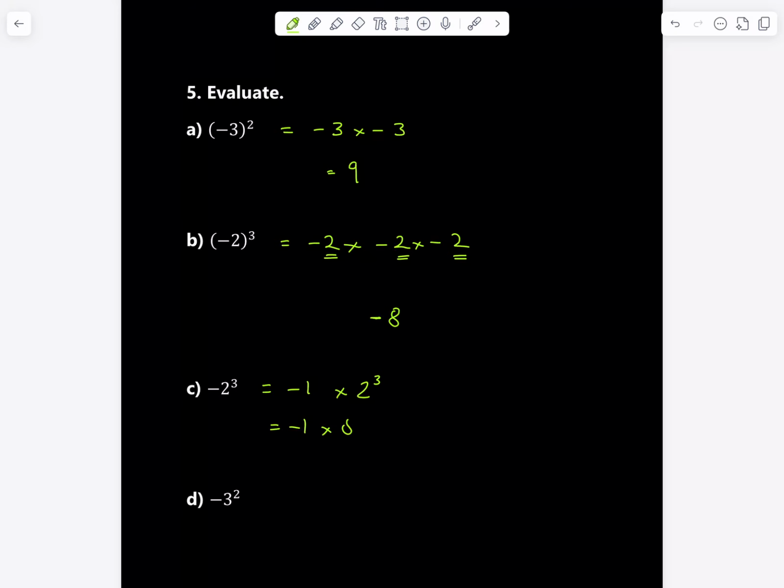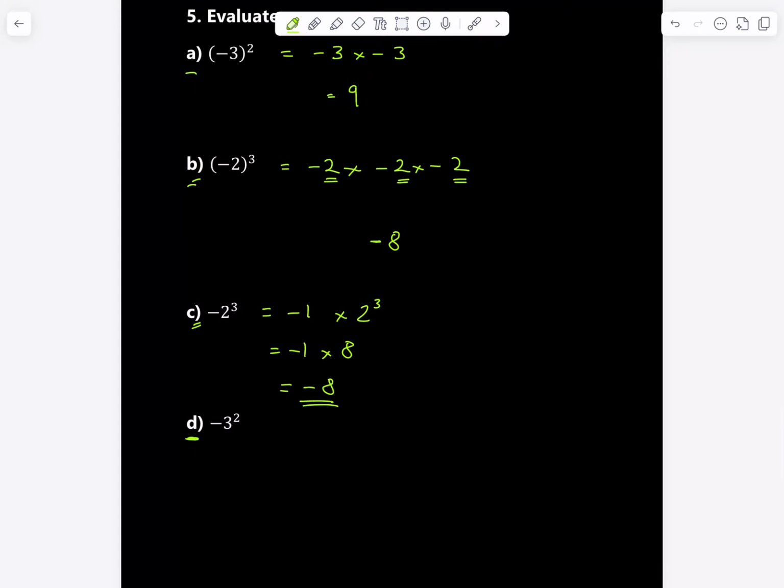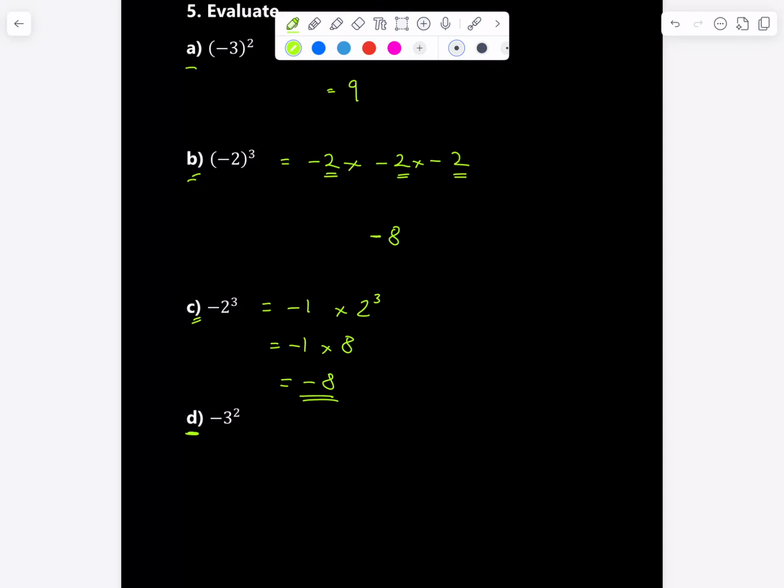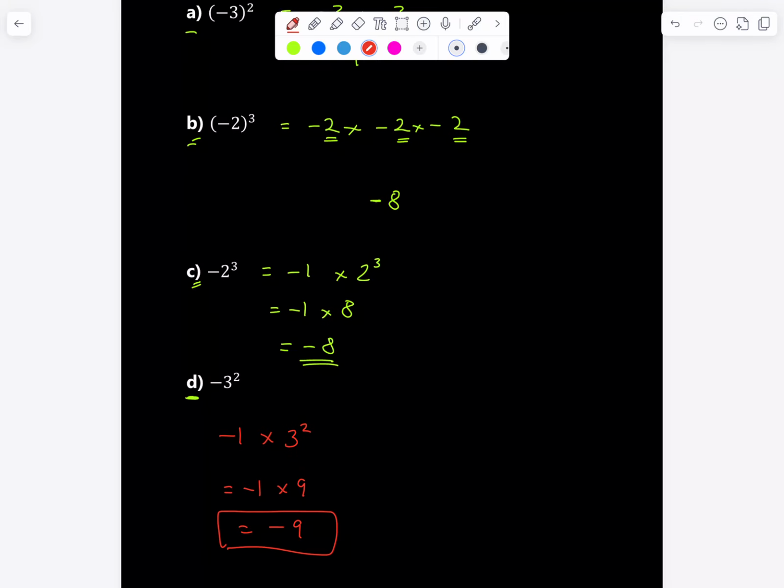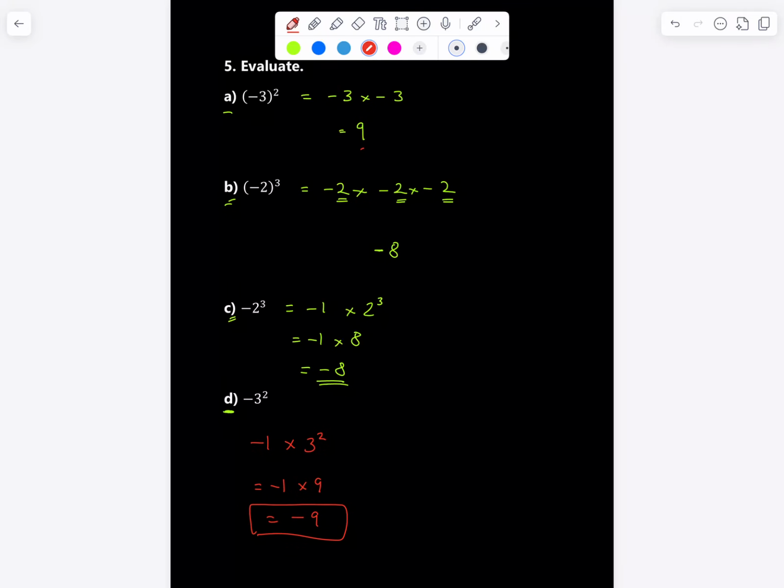So that will be negative 1 times 8, and negative 1 times 8 is -8. So it's the same as that. However, D is different to A. We don't have the brackets, we've got -3 squared. So remember what this means is negative 1 multiplied by 3 squared, which would be negative 1 multiplied by 9, which is -9. So in the first one, we got +9 when you have the brackets. When you don't have the brackets, you get -9.